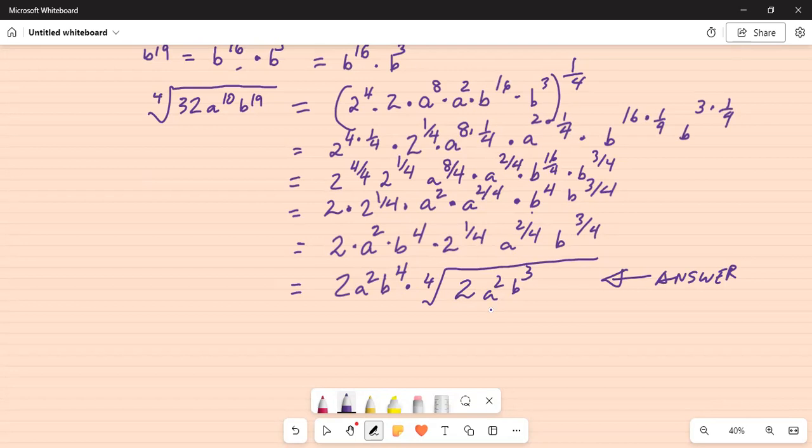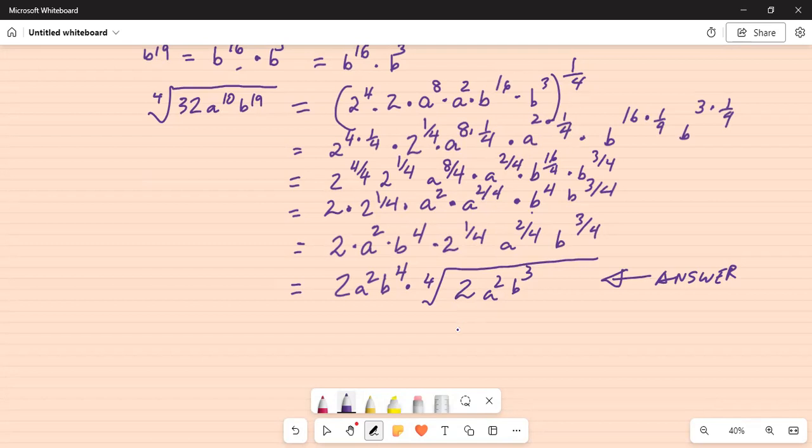The important hint or tip I wanted to give you is that fourth root is nothing but exponent 1/4. Once you write it like that, you write the terms inside as some kind of powers of 4. For example, 32 is 2 to the power of 5, so it can be split up as 2 to the power of 4 multiplied by 2. a to the 10 can be written as a to the 8 times a squared, and b to the 19 as b to the 16 times b to the 3. Everything is inside the parentheses, and outside the exponent is 1/4.